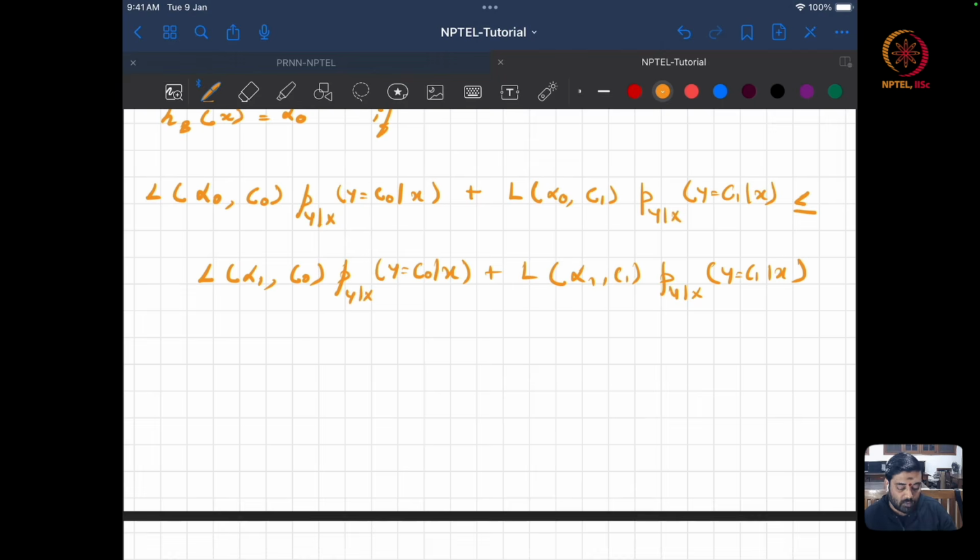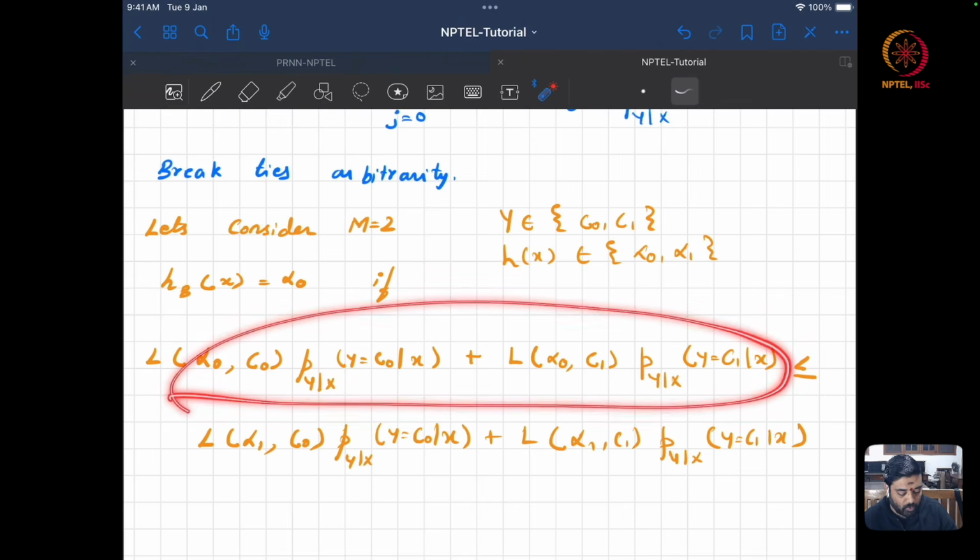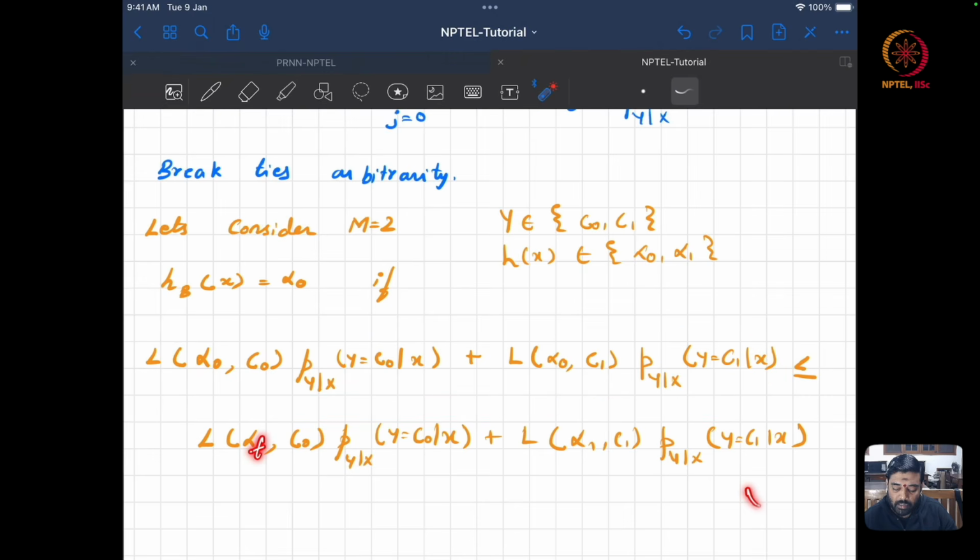So now if you have multiple values that your hypothesis function can take, then this has to be the least. Then you represent it by some alpha t here, and you say that for all t, so that the indexing that is happening for this hypothesis function, you can go ahead with that.